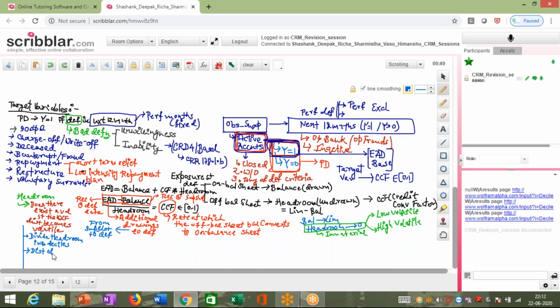So what I'm going to do is talk about the distribution of the CCF for each decile.